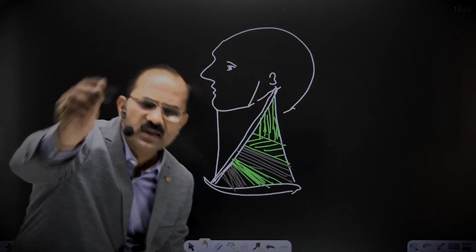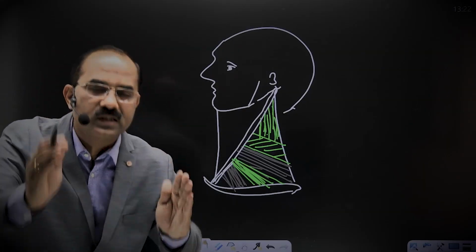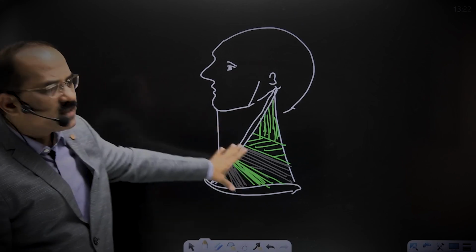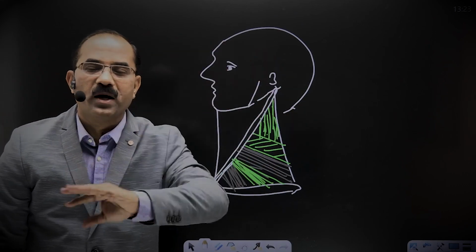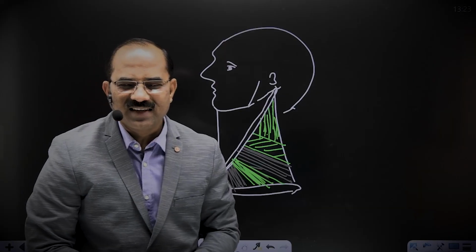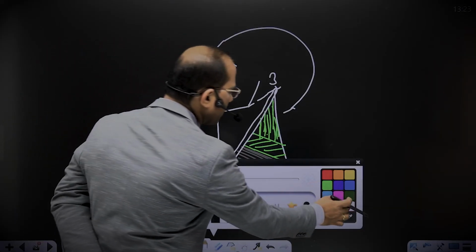Students, we do not include the scalenus anterior in the floor of the posterior triangle. Am I clear? A very important MCQ for you. The floor of the posterior triangle is formed by all except your answer, scalenus anterior. So floor of the posterior triangle from above downwards.